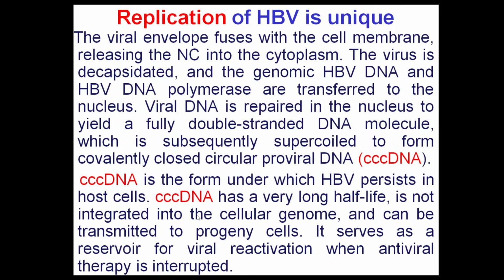So in this form, it may persist for a very long while. But then, because it is not integrated into the cellular genome, it can be transmitted to progeny cells. It serves as a reservoir for viral replication when antiviral therapy is interrupted.